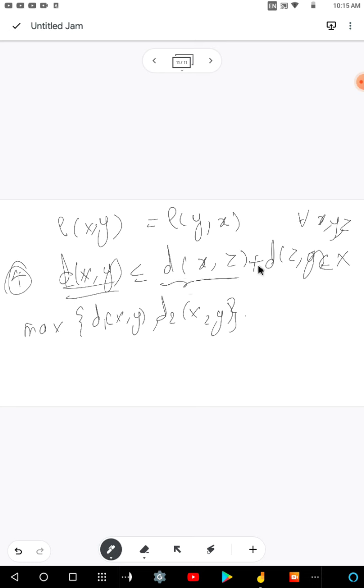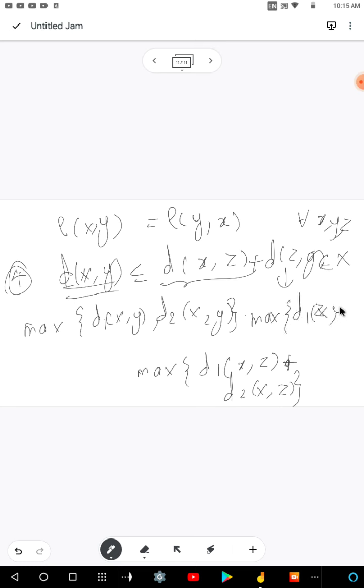And x comma z is the maximum of d1 of x comma z, d2 of x comma z, and likewise for z comma y.